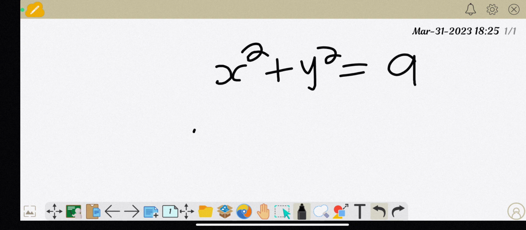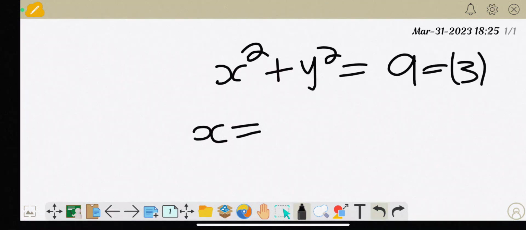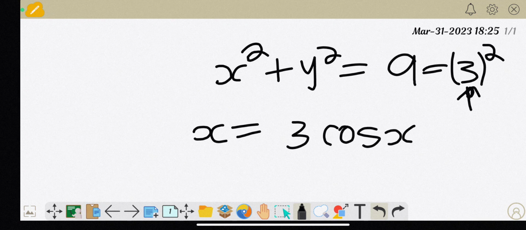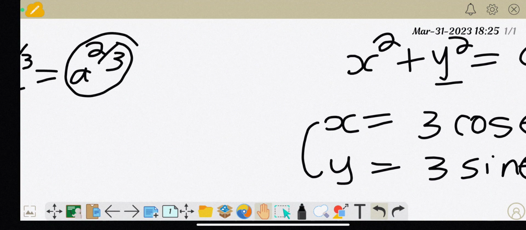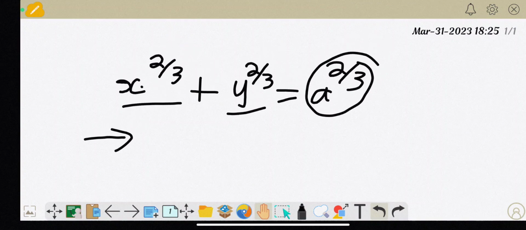The suitable parameterization is: this number into cos theta. x is always written in terms of cos, and y is always written in terms of sine, and you know the reason why. This is the suitable parameterization. If I substitute this, it will not alter the equation. Here in this case there is 2 by 3, correct?